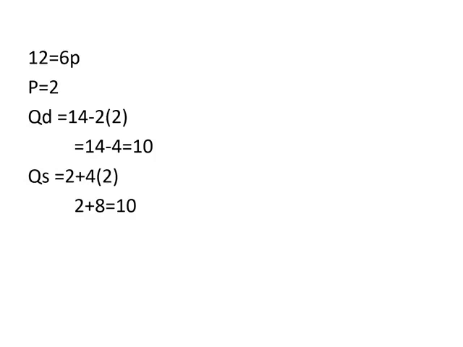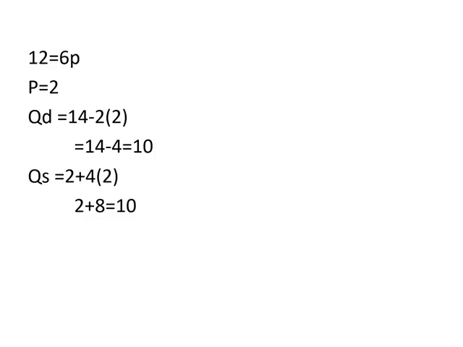And then I'm going to substitute in the quantity demanded equation. So QD equals 14 minus 2 times 2. The 2 here is from the previous calculation, P equals 2. So QD equals 10.